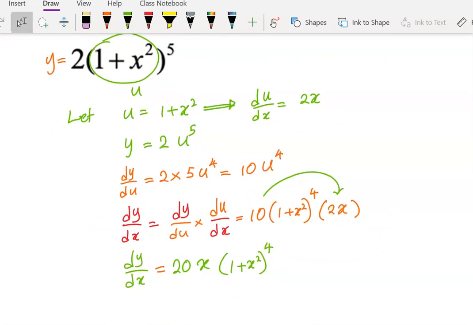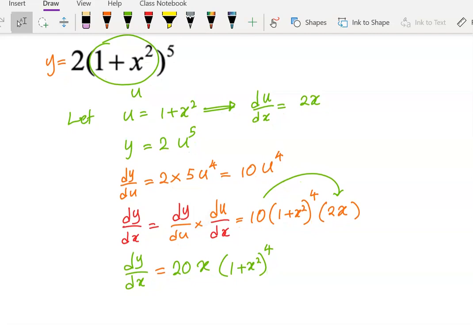That's the answer. Well, of course, you can go in one run. I would rather do that in the head. I treat this as a big X. Well, 2 times, when you differentiate x to the power 5, you get that.